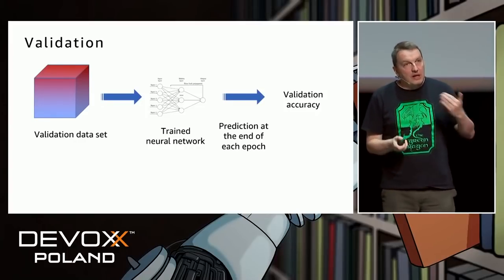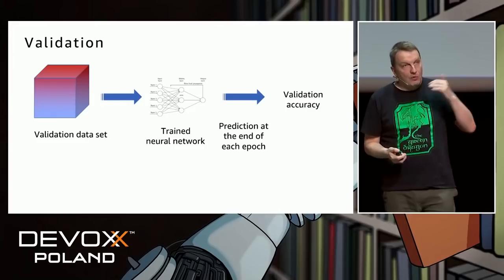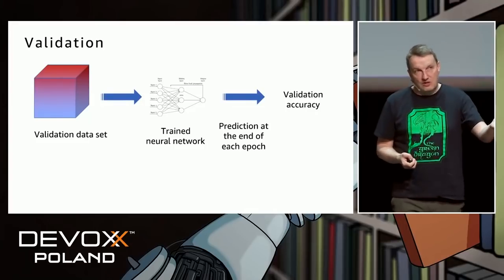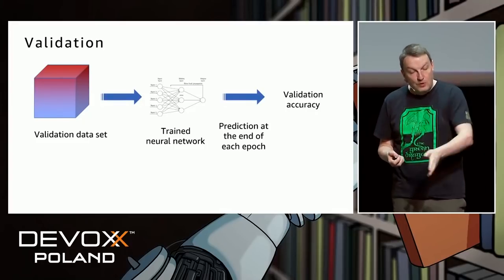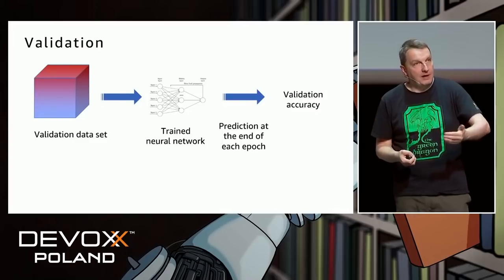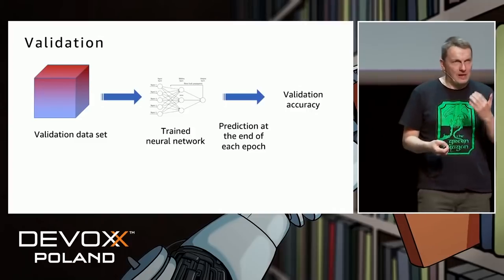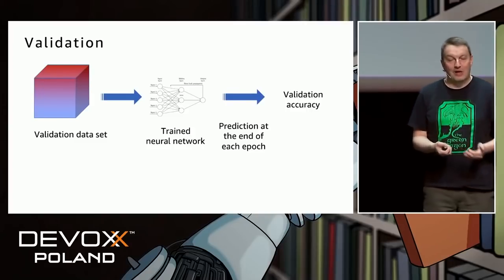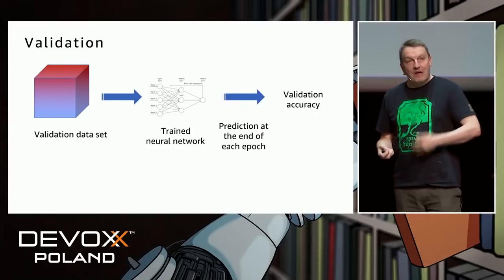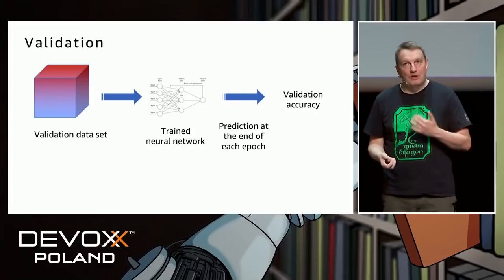And periodically, at the end of each epoch, we run the validation data set through the model in training, right? This should really say "in training neural network," not "trained," because it's not finished. We're still training, okay? And we measure the prediction accuracy for this data set.